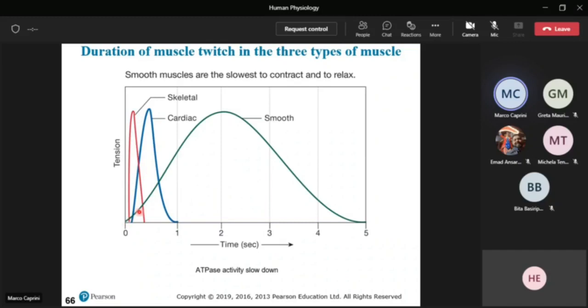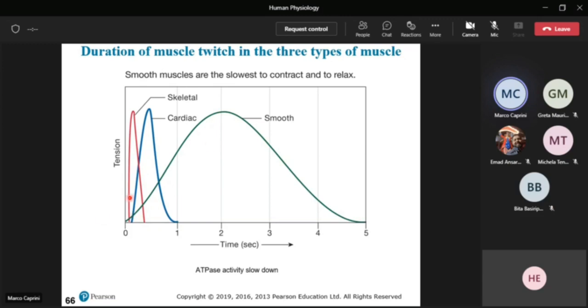You can see here from this part of the curve. In the skeletal muscle, you reach the top of the contraction in a very short amount of time. So the smooth muscle cell can develop force very slowly, and can relax slowly also.